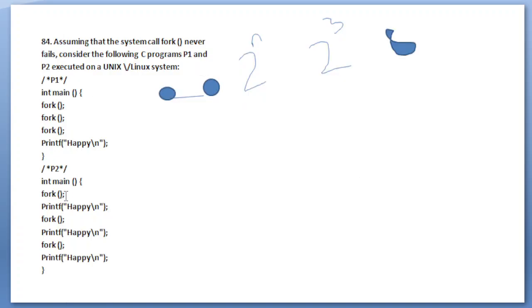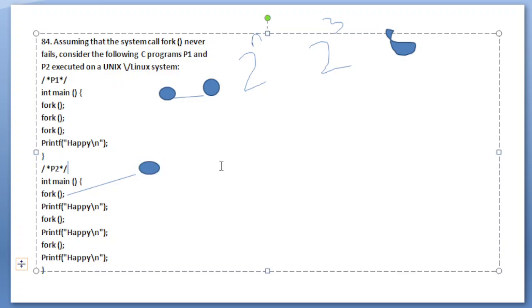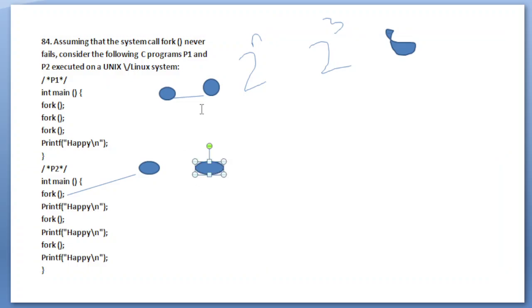Here we can see one fork and then a print statement, again a fork and a print statement. The first fork will generate one parent and one child.